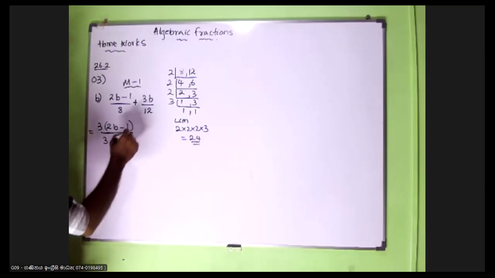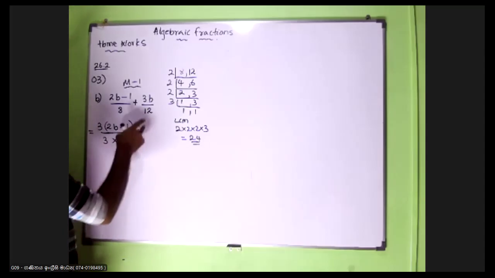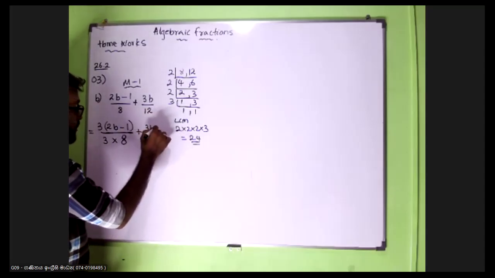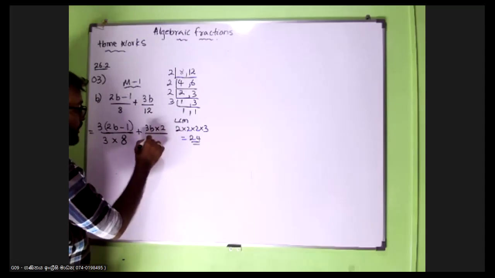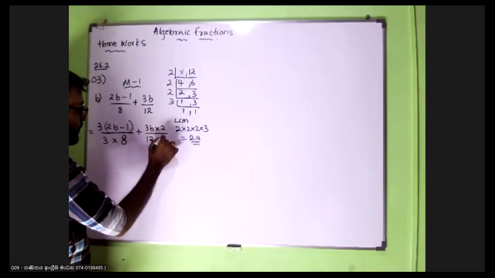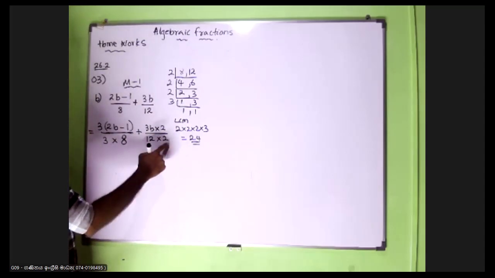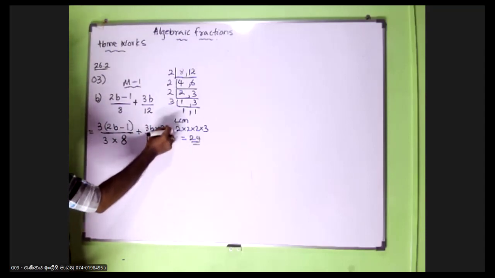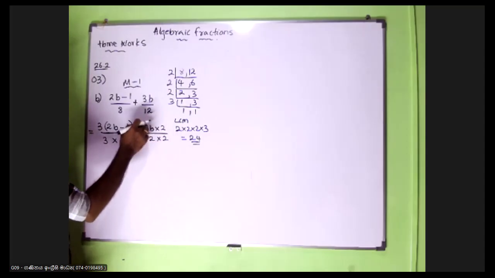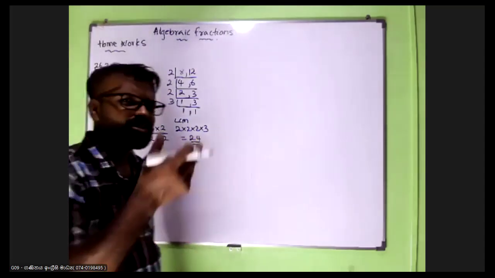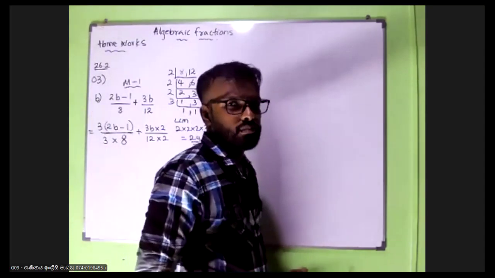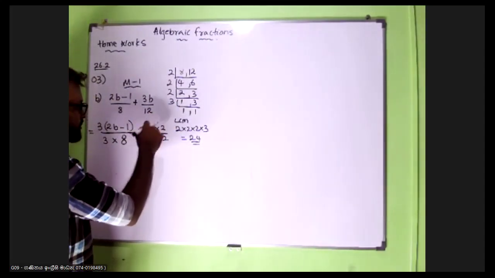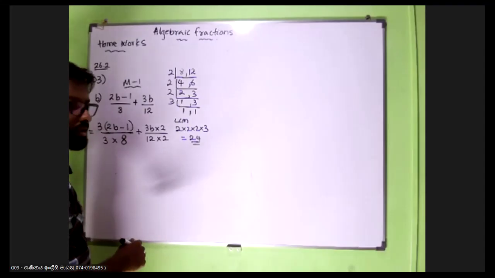Equal mark. Plus 12 into 24. Just multiply both numerator and denominator by 2. I have multiplied this at the end because in the numerator you have only a single number and a single algebraic term.